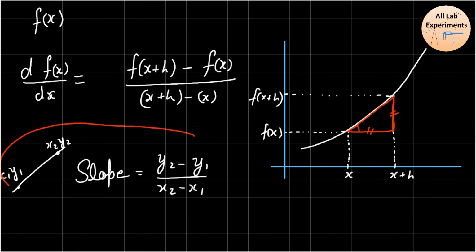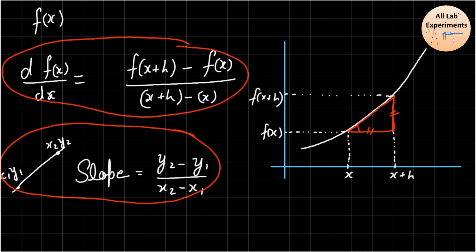This case belongs to a straight line, but this case doesn't belong to a straight line. I am taking this for a curve which is not a straight line. So how can I define the slope of a curve which is not a straight line? Basically there is something missing in this expression. The missing quantity is limit h tends to 0. h tends to 0 means this increment in the variable is very small.